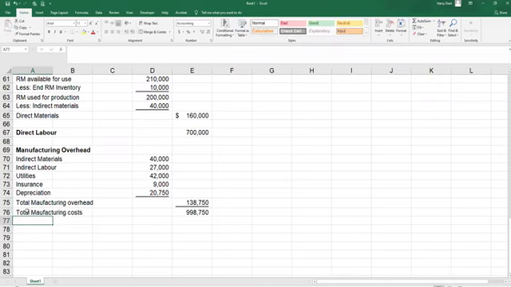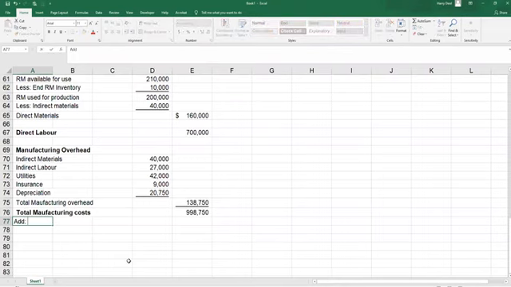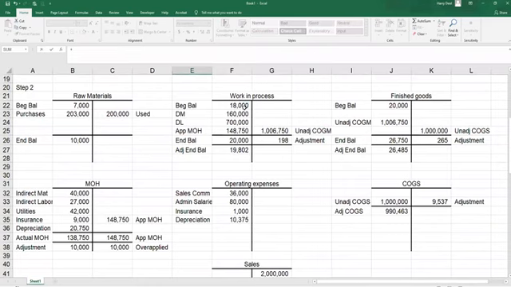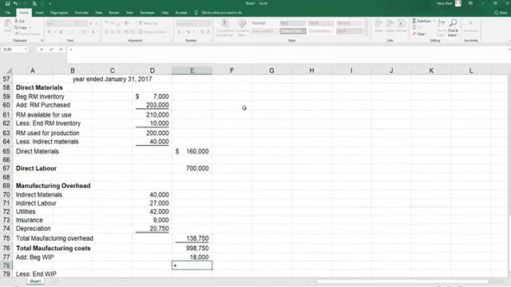To this total manufacturing cost number, we will add the beginning work in process and deduct the ending work in process. The beginning work in process was $18,000.